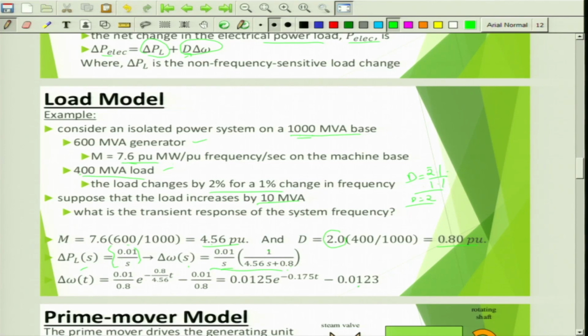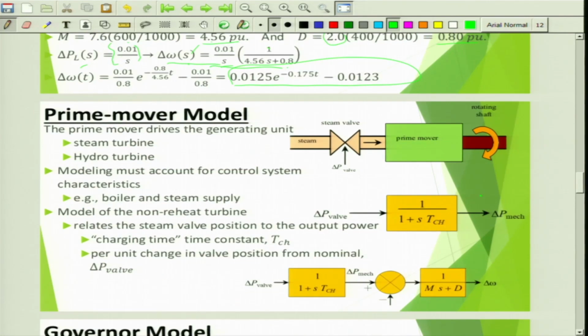This is in the Laplace domain, changed to the time domain, so you will get this term. So the change in frequency with respect to time is indicated here as a transient response. Next we will move to the prime mover model.